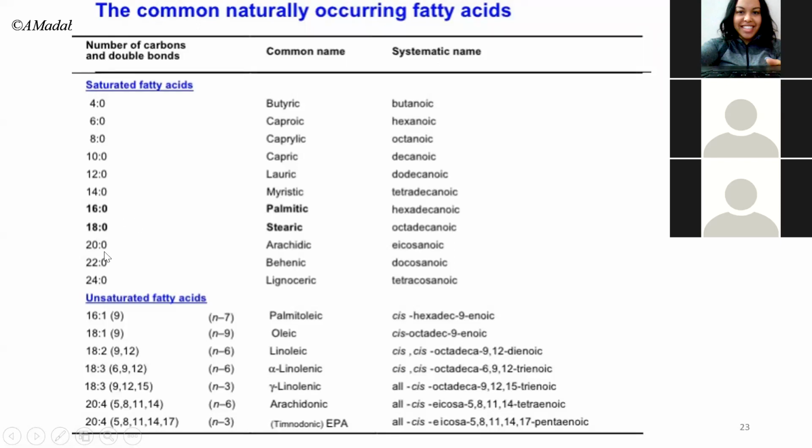They have 0 double bonds. Saturated never has double bonds. Unsaturated fatty acids are listed below, and these have 1, 2, 3, 4 double bonds. They have different kinds of double bonds. These are the positions. They should have actually written delta here, but like I said, different people will write in different ways. The good way of writing would be delta 9.